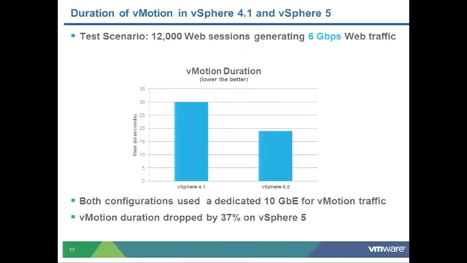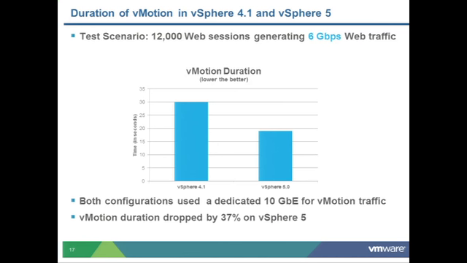Here, let's just focus on the total duration. What we are comparing in this figure is the total duration needed to complete the vMotion on both vSphere 4.1 and vSphere 5. As I said, we were running at 12,000 browser sessions, which generated as much as 6 Gbps of client traffic. So obviously this is a very heavy-duty VM.